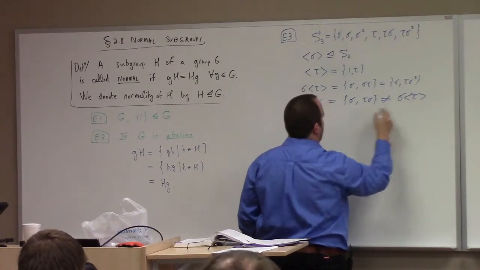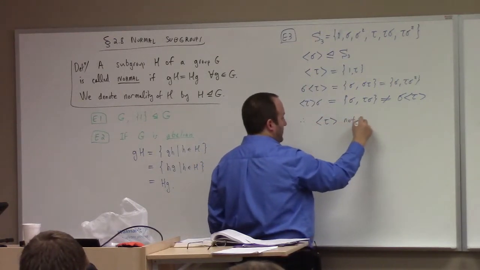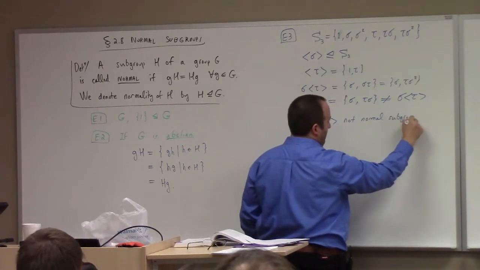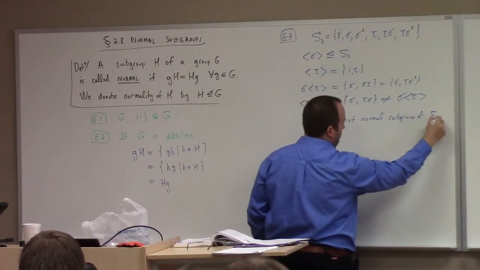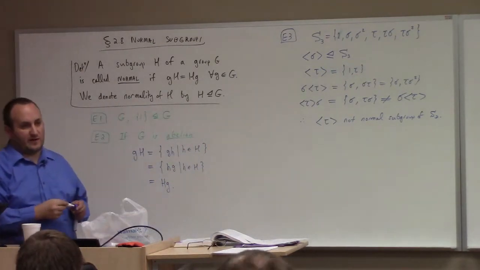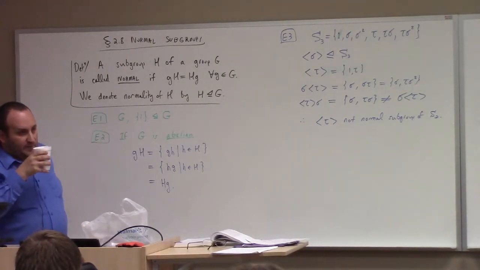So therefore, the subgroup generated by tau is not a normal subgroup of S3. If there's any pair of cosets, left and right, which don't agree for a given representative, then game over, not normal.